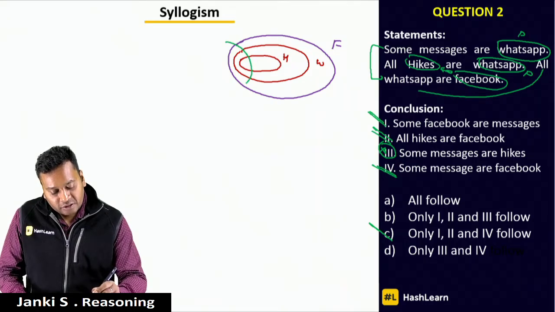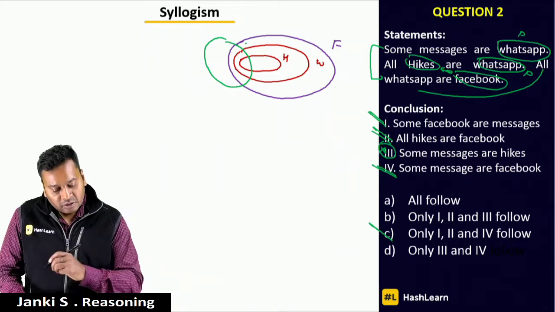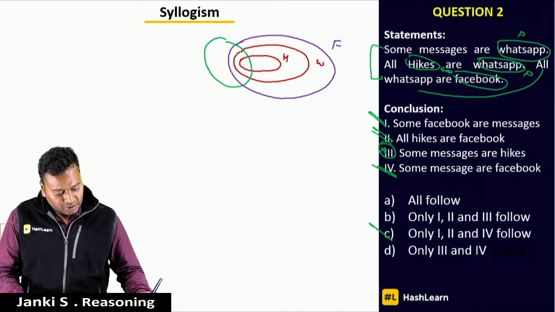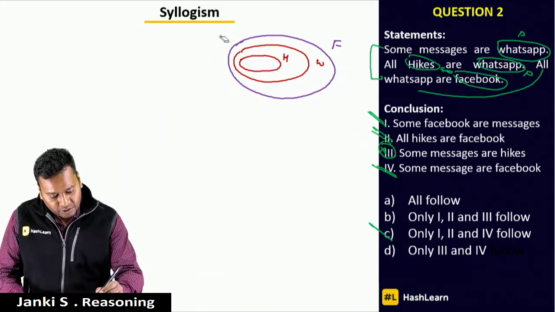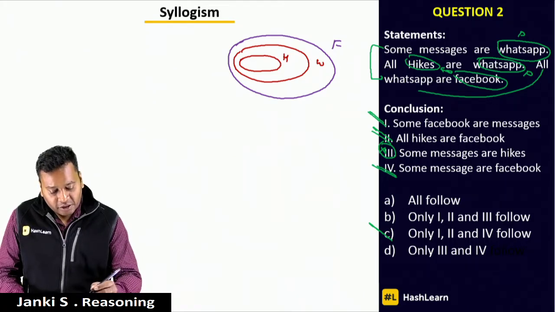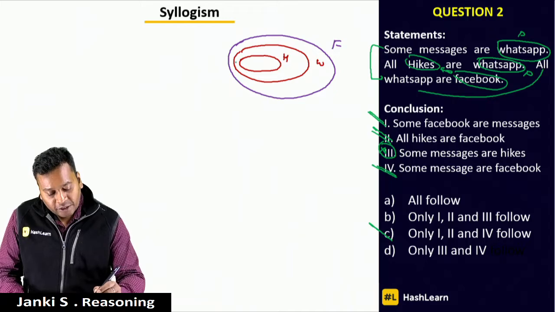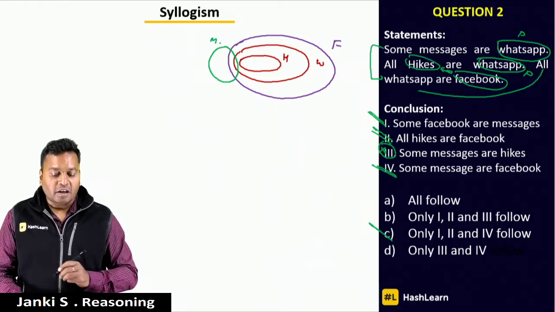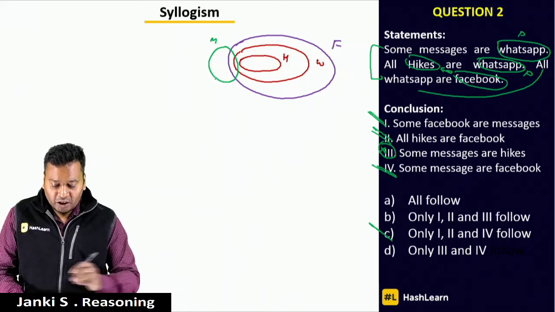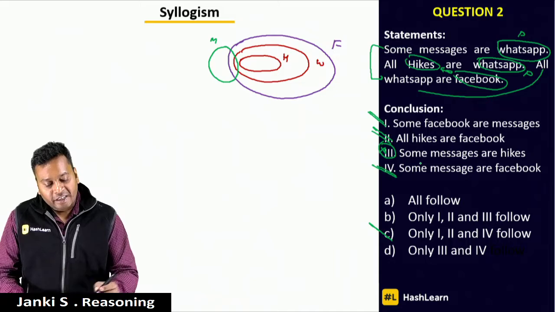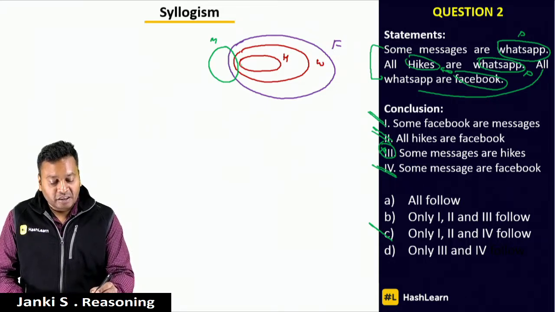So that represents not exactly this. 1 minute. अब क्या है, मैं इसको हटा रहा हूँ. अब देखिए क्या हो सकता है. मेरा कंडीशन ये है कि some messages are WhatsApp, right? So WhatsApp यहाँ पे तो hikes को I will not include, right? I will keep the value as this thing. So some messages are WhatsApp here, right? So if that's my relation here, can I find out the relation between messages and hikes? There is no relation possible. Can be inside, can be outside, right?